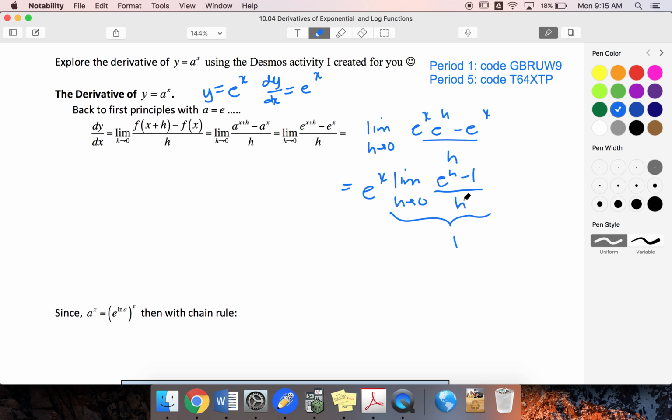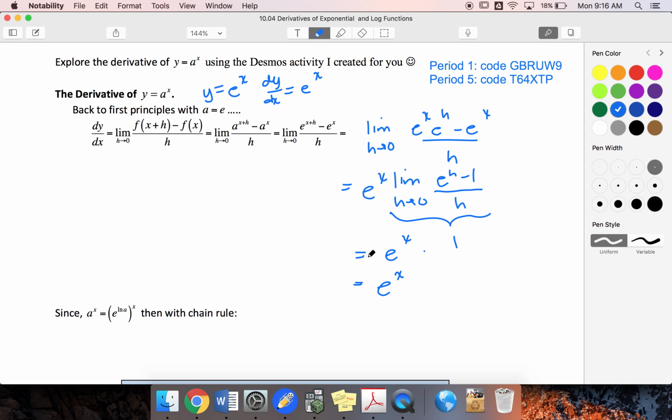So this isn't a situation where we can factor and manipulate and cancel out the e's. It's that we know as a property of e that this limit is 1. So we get e to the x times 1, which of course is just e to the x.